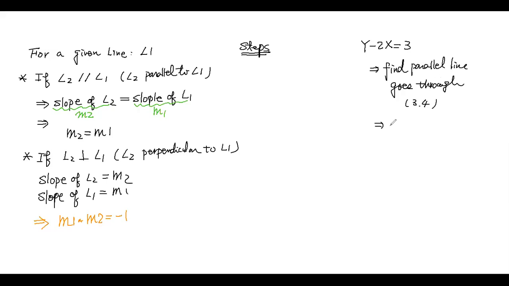Also, I want to find a perpendicular line that goes through the same point, (3, 4). So how do I do it?